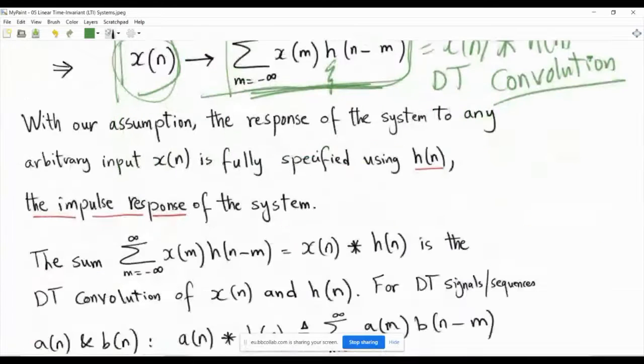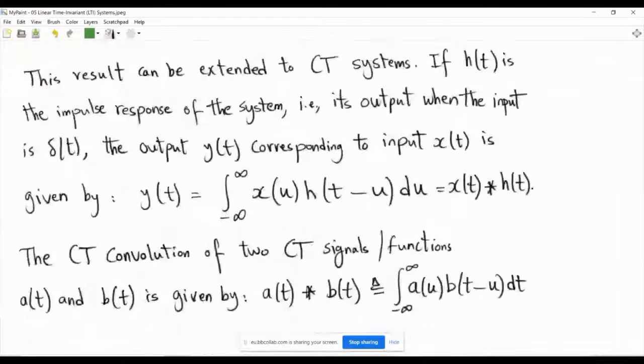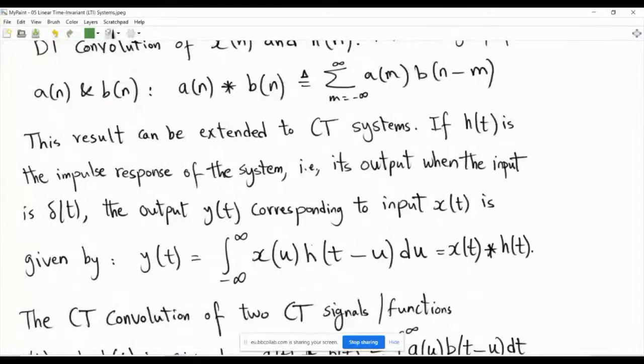The same story can be applied to continuous time systems. A continuous time system that is LTI, with linearity being extended, is fully characterized by its response to a Dirac delta, the impulse response. If you know h of t, so delta of t gives you h of t, then what is the output for x of t?